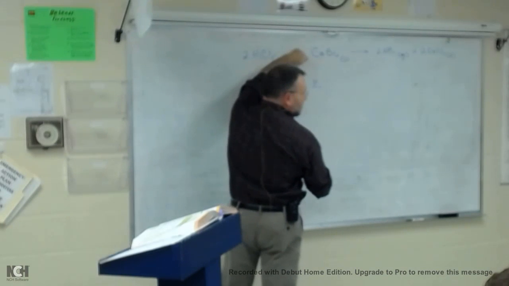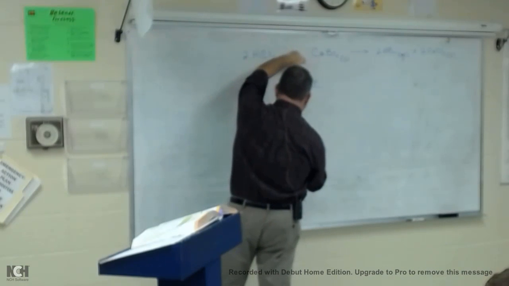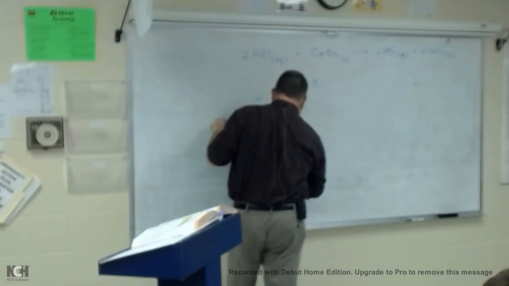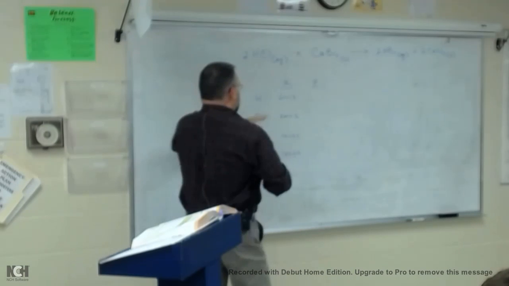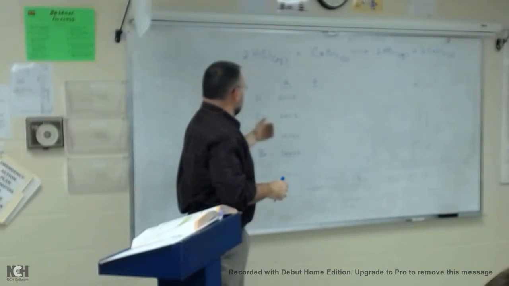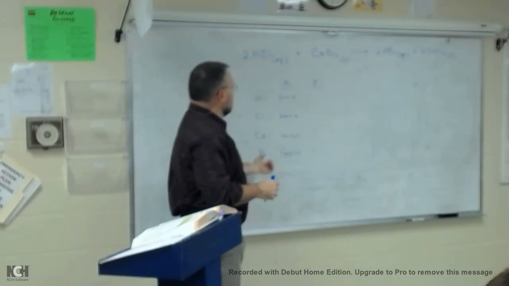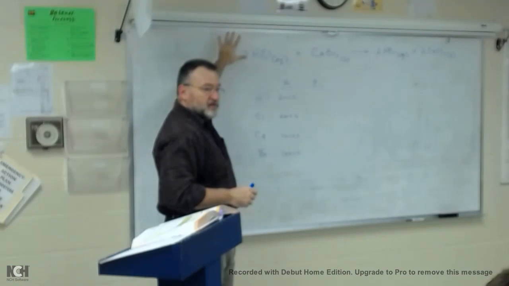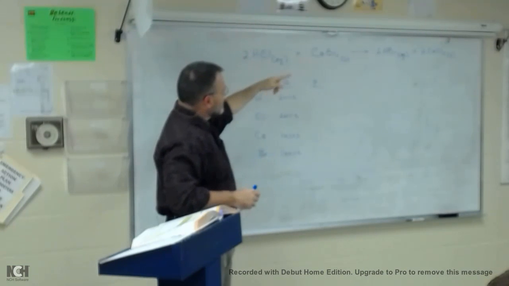Calcium is 1 set of 1, and bromine 1 set of 2. So if you think this way, sets of how many? Your math always sets it up. Sets of how many? 2 sets of 1, 2 sets of 1, 1 set of 1, 1 set of 2. Any problems with seeing those numbers from the equation? Okay, go to the product side.